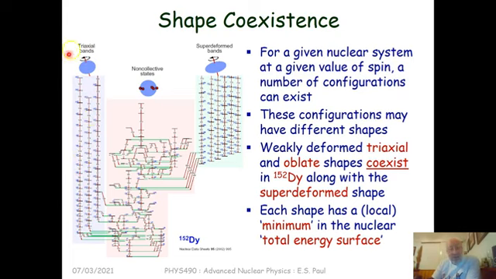And the main difference between these triaxial bands and the super deformed bands is in the moment of inertia, or the spacing between the gamma ray energies here. So these are all closer together, implying larger moments of inertia as compared to these ones here. But this is just a nice example of where we can have 3 distinct shapes in the same nucleus, and they essentially compete to build up angular momentum.